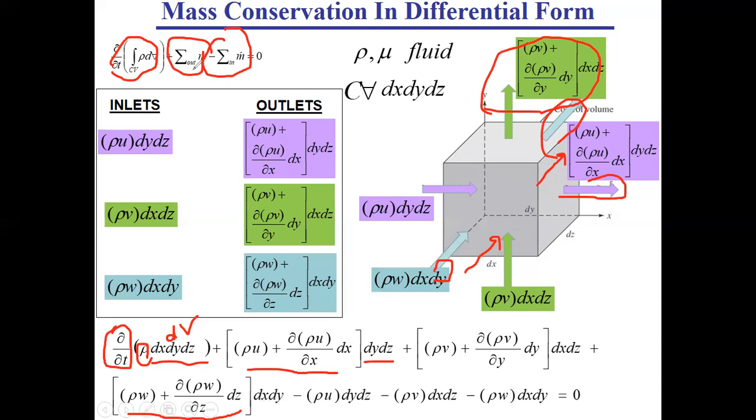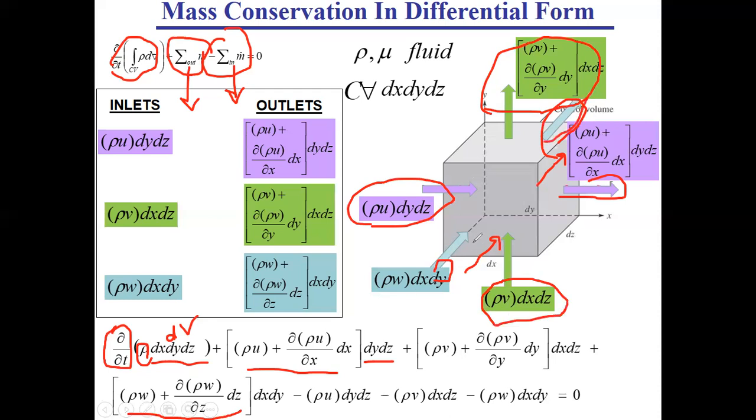Now, once I'm done with the sum of m dot out, I move to the determination of the sum of m dot in. So now I should subtract all inlet fluxes: minus rho u dy dz, minus rho v dx dz, and minus rho w dx dy.